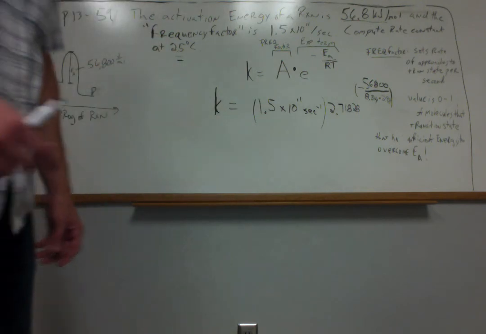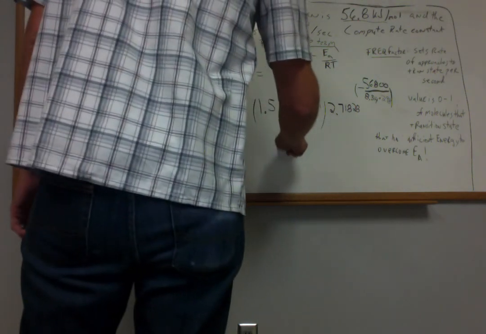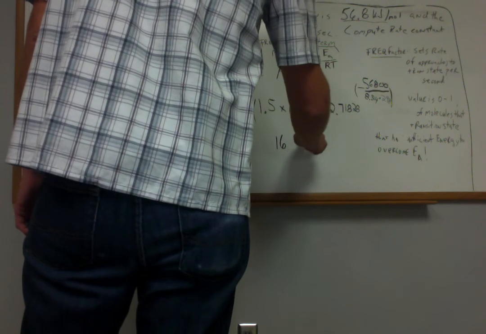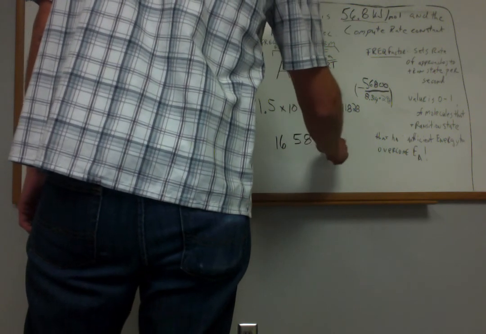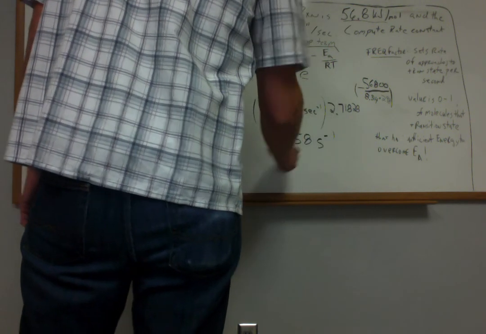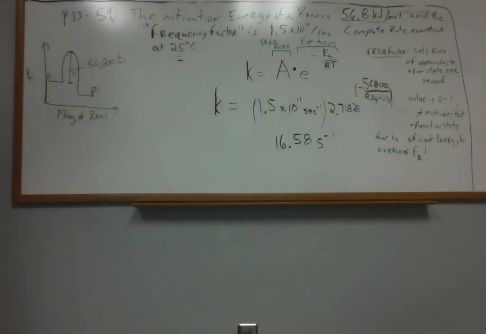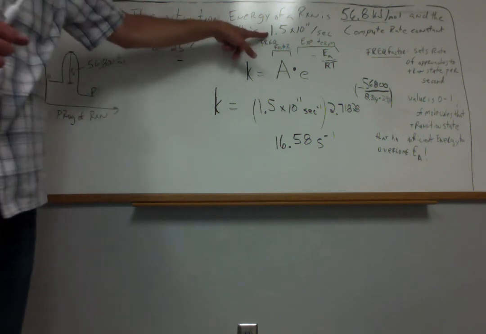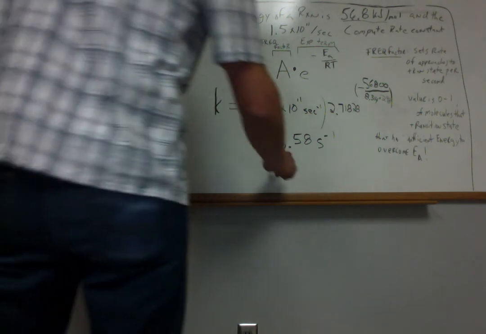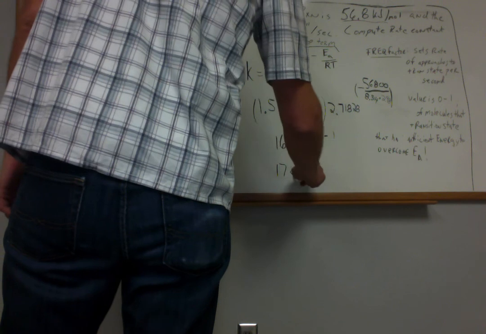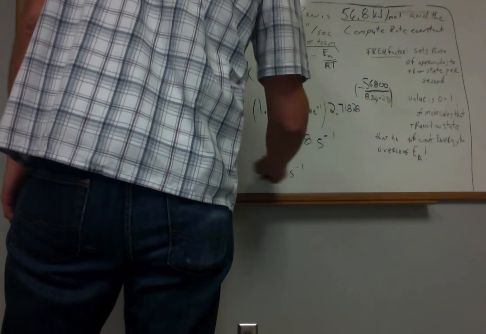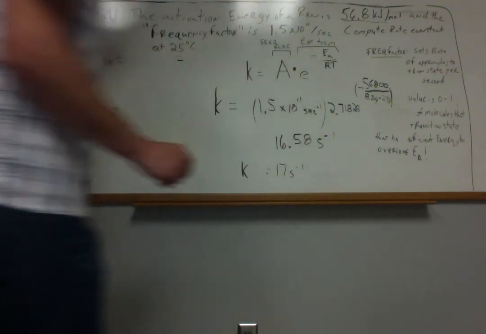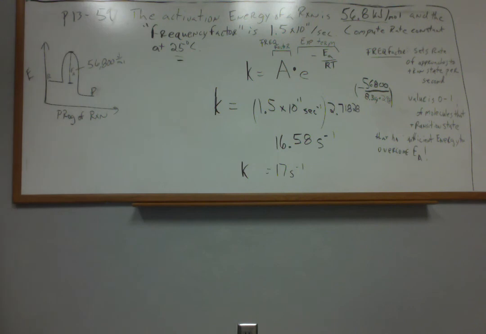Now, if I do that on my calculator, it yields a value of 16.58 per second. This is what I get right off my calculator. If I truncate that to 2 sig figs, I'm going to round up to 17, with units on k of per second. Okay, so this basically tells us the rate constant is 17 per second.